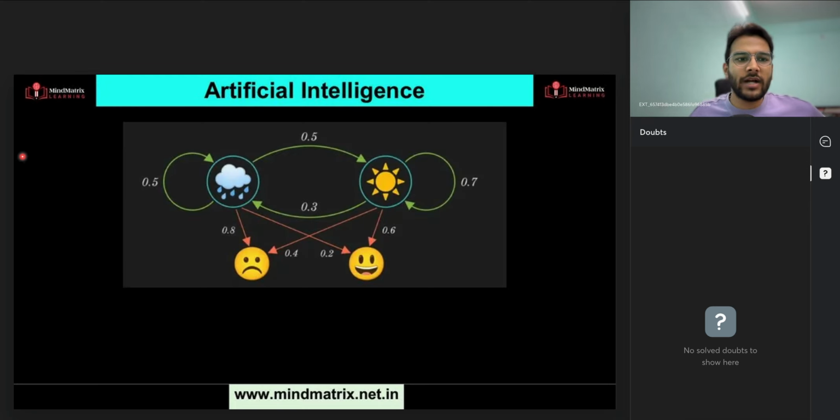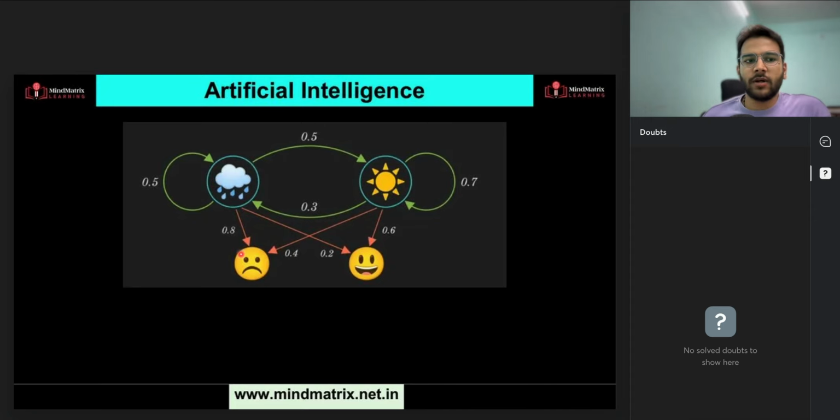Let's try to understand it also through our example. Now let's say in this example only two weather states are given. Either it is rainy or it is sunny. Previously we had cloudy also, but now, just for the understanding purpose, to make things simple and easy, let's say we have two weather states, rainy and sunny.